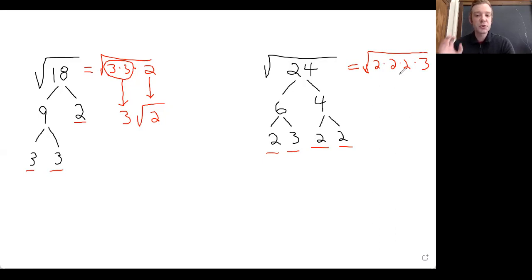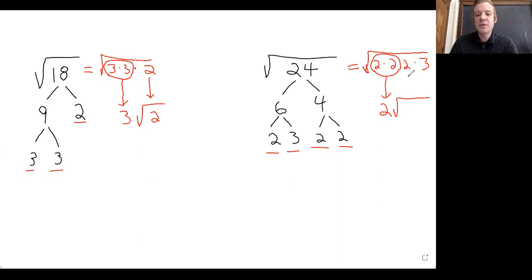I only want to circle 2 of the same number. So I'm only going to circle 2 of these 2s, because 2 times 2 is 4, and we can take the square root of 4. But we don't want to circle the additional 2 right here, we don't want to circle 3 2s when we have a square root. So this is going to make 2 in front of our square root.